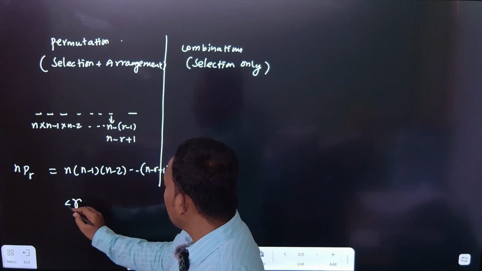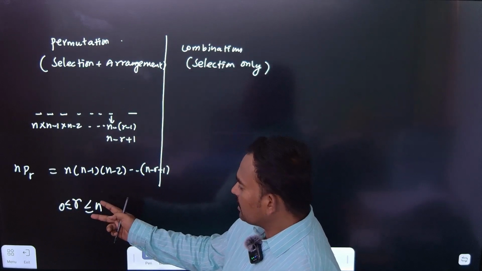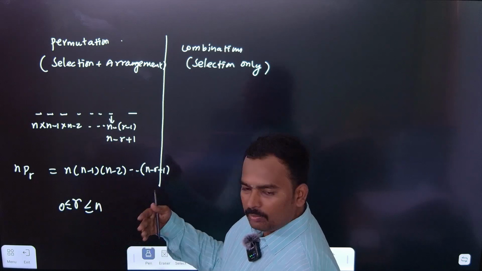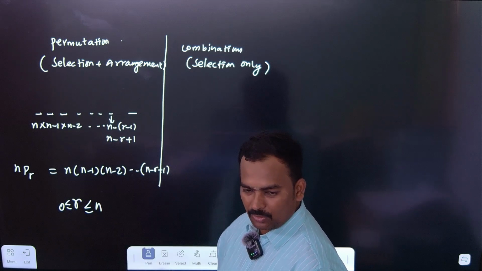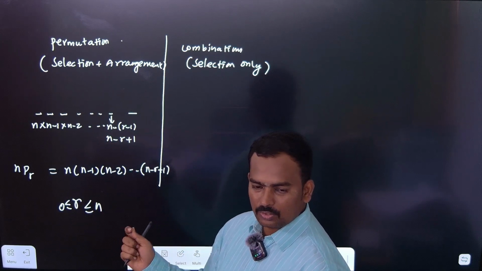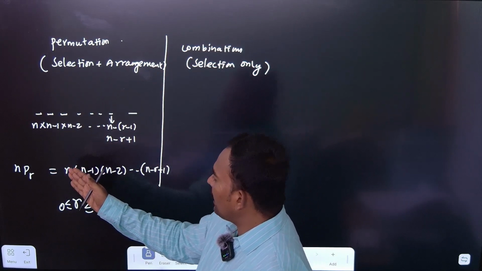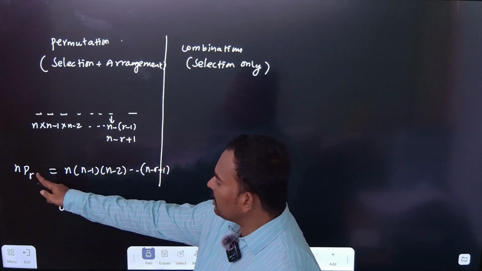So r would be 0 to n. R may be equal to n or r may be 0 also, but it should be 0 to n. R should not be more than n. Clear?